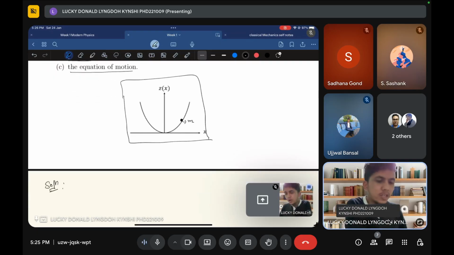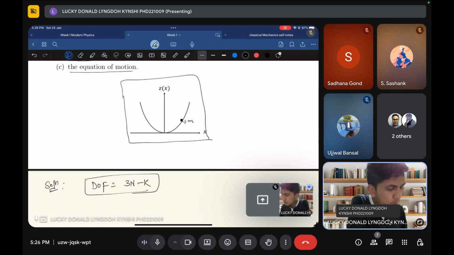So if we look at these problems, the first question that we should ask is: is there any constraint? Because as I have just said, the general degrees of freedom will be equal to 3n minus k, where n is the number of particles and k is the number of constraint equations. So now if you look at it, since it is in the x and z direction, automatically you have y equal to 0.